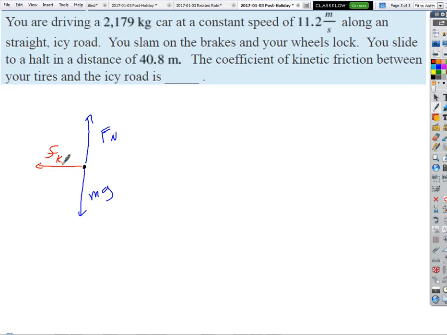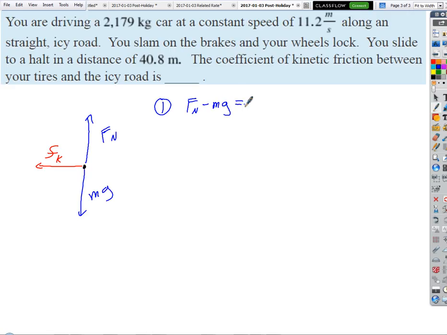So then, if we write our equations of motion here, they look pretty familiar. Ian, what's going to be the vertical equation of motion? Normal force minus weight equals ma, right?